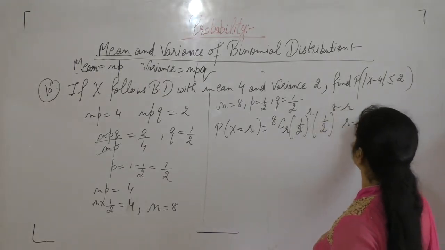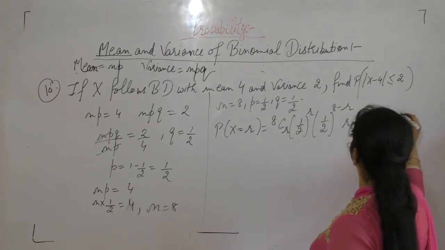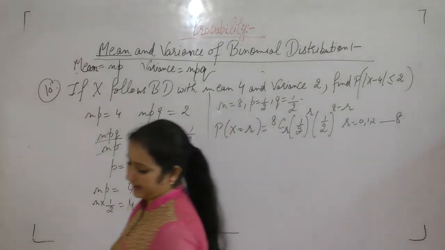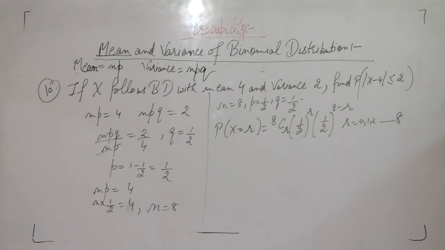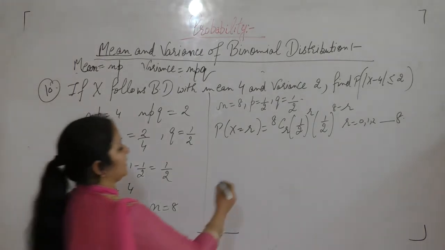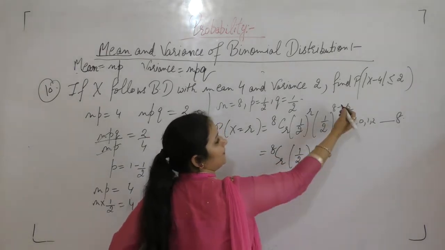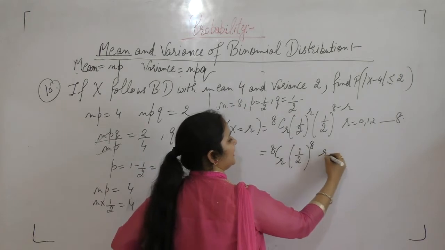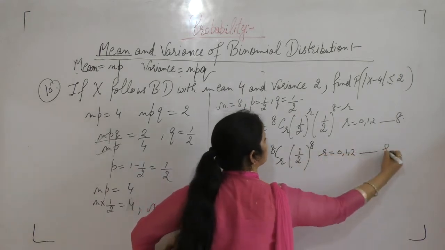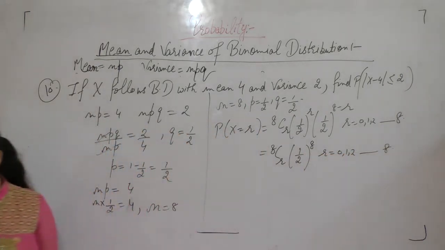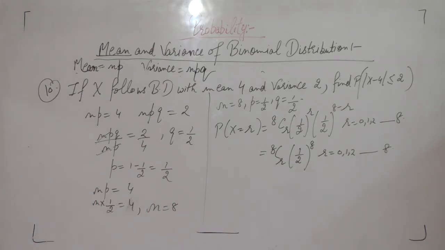minus r, 0, 1, 2, so on up to 8. So it is 8CR 1 by 2, 8 minus r plus r is 8, 0, 1, 2, so on up to 8.